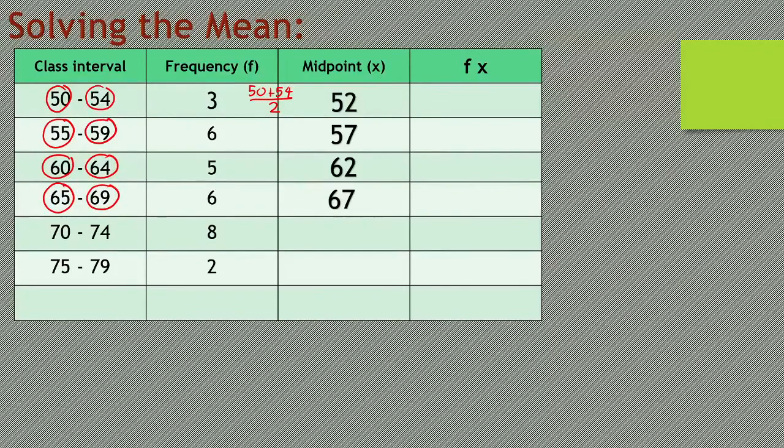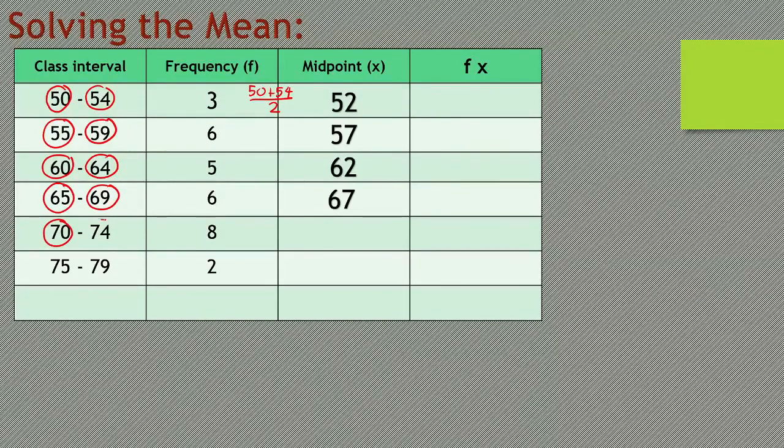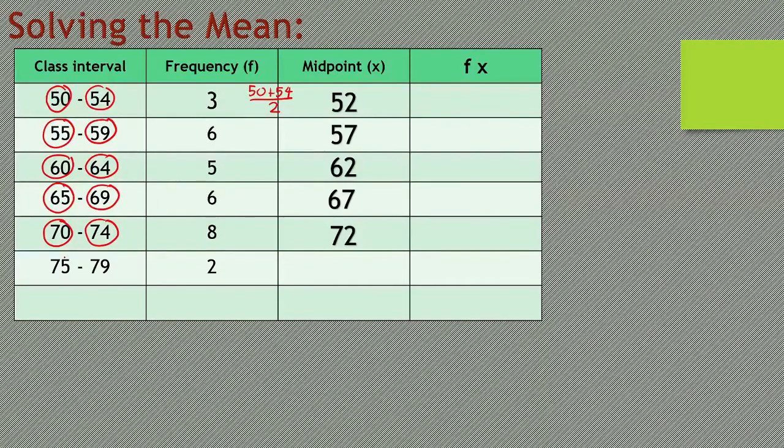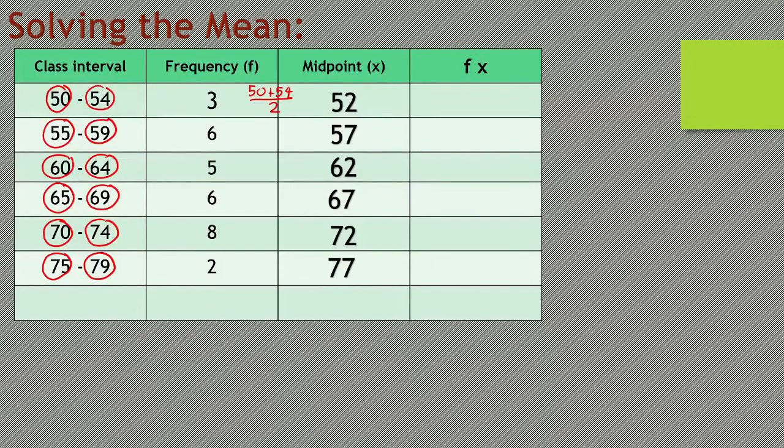I guess you see the pattern already, right? What about 70 plus 74 divided by 2? 72. What about 75 plus 79 divided by 2? That's 77. Okay? Now, what is the next step after getting the midpoint?